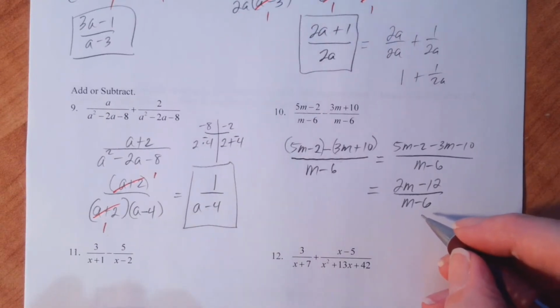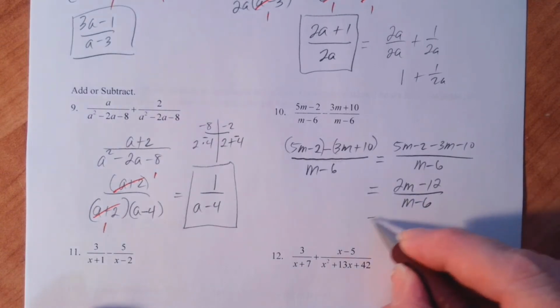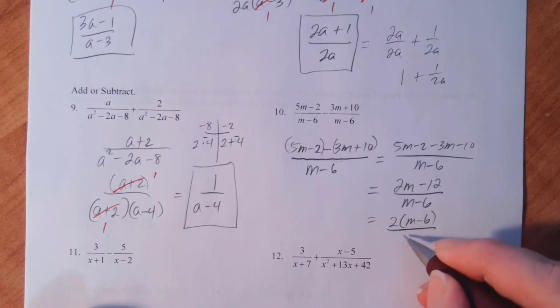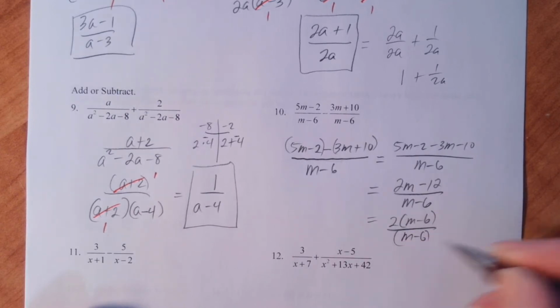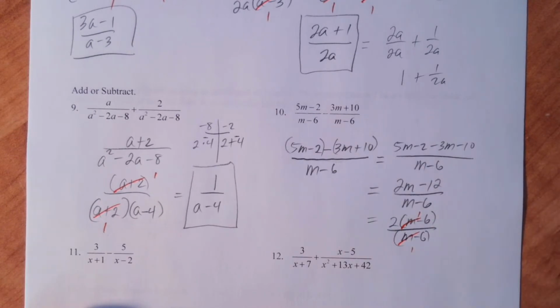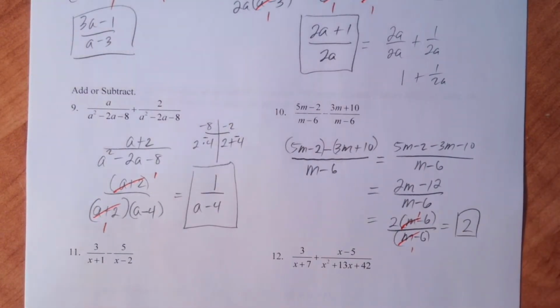Now again, you may be tempted to just move on at this point, but notice you could factor out a 2. 2 times m minus 6 in the numerator over m minus 6. So you can see that these m minus 6 cancel, and you actually are left with the number 2 as the final answer.